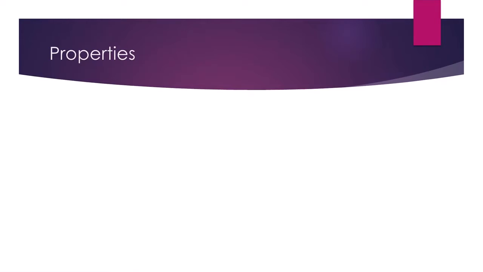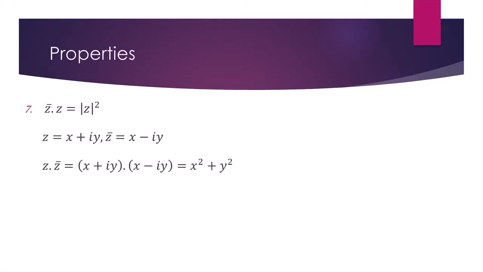Then another property is that z into z bar, the product of z and z bar, is equal to absolute value of z square. So we write z equal to x plus iy, so that we have z bar equal to x minus iy, take their product.